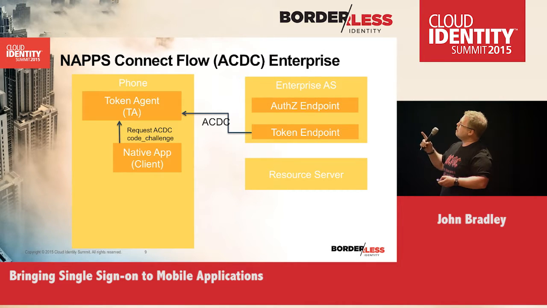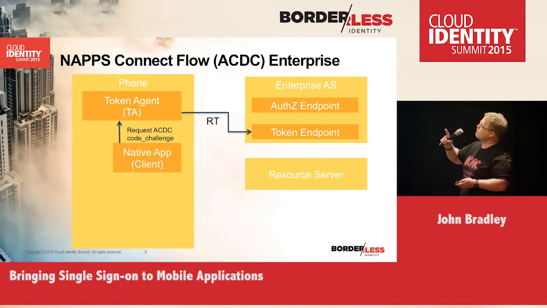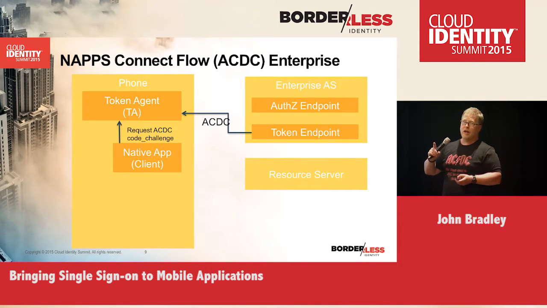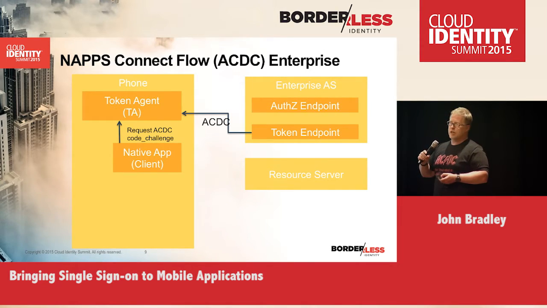And in the request with this refresh token, the PKCE code challenge from the first step down there was actually passed to the token endpoint, so that the ACDC token that comes back actually has a confirmation element which has the code challenge in it.